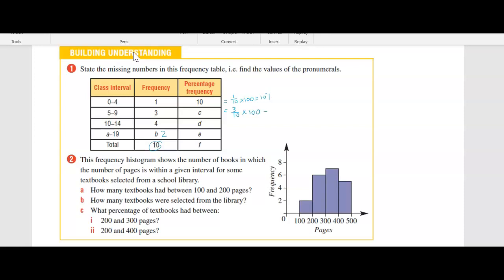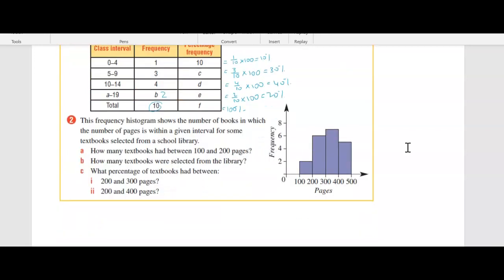Multiply that by 100 and we get 30%. 4 over 10 times 100, that gives us 40%. And then lastly, 2 over 10 times 100 equals 20%. Right, so all your percentages should add up to 100. So that means F is equal to 100%.